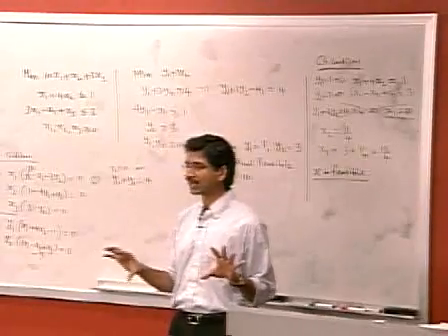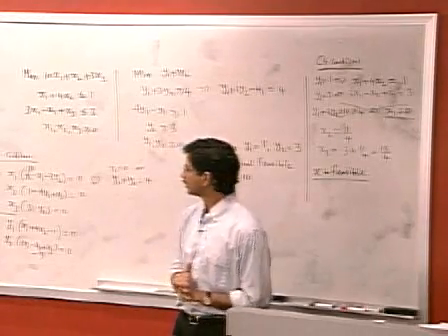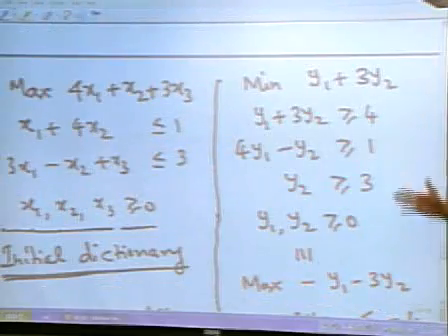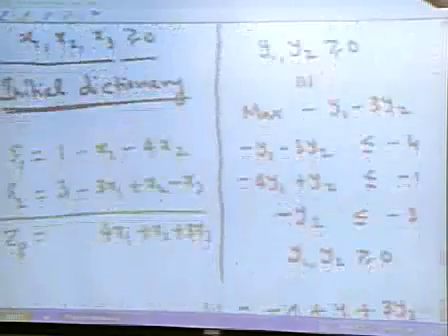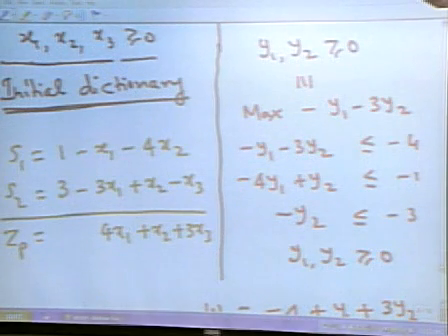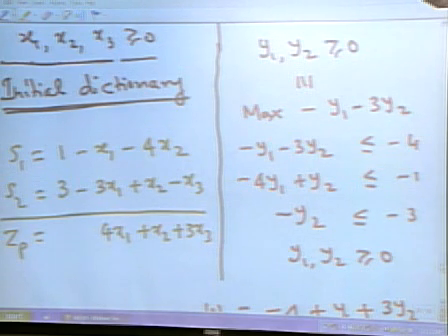And I want to observe that the dictionaries satisfy a nice relationship. Of course, I can write down the initial dictionary very easily for the primal problem, and that's exactly this. All I've done is take S1 and S2, the two slacks, as my initial basic variables, and I do the obvious thing. So I get an initial dictionary.